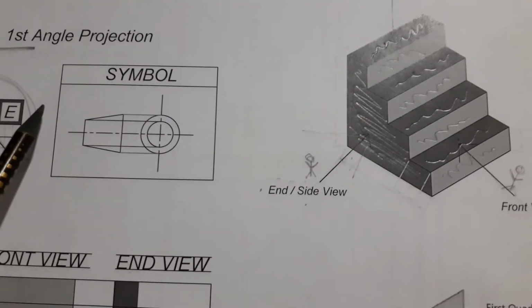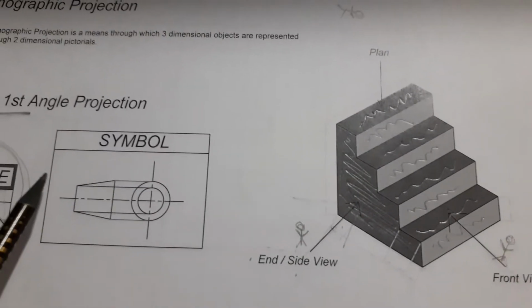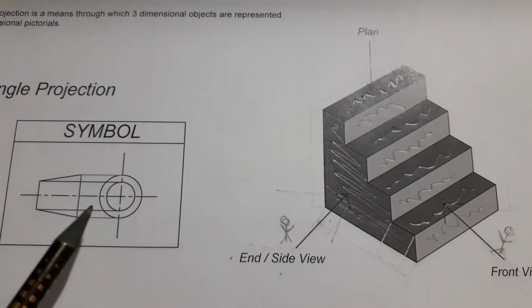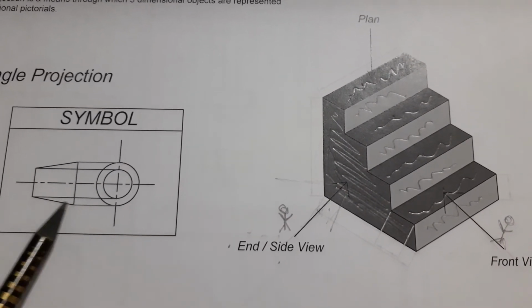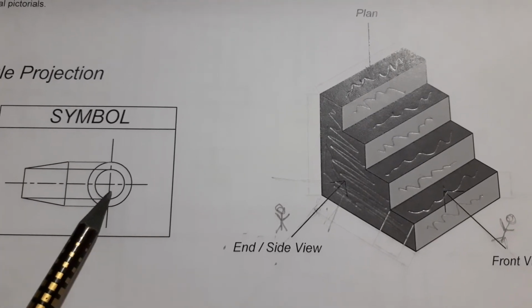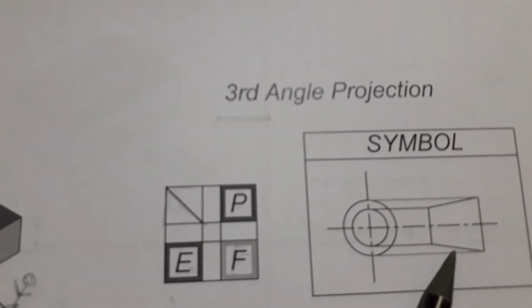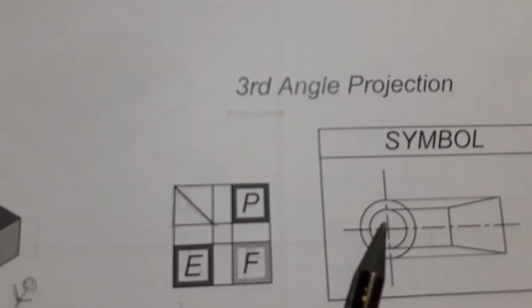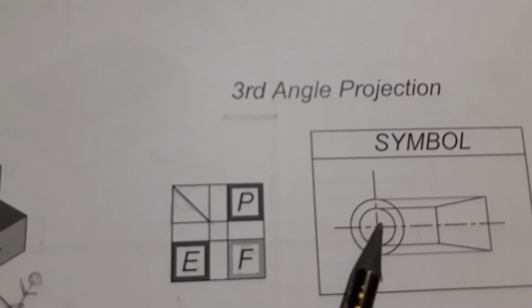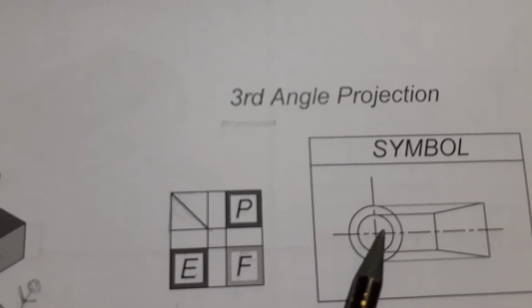Now, the symbols are the same in the way that they both have this cup and two circles. See? This one also has a cup and two circles. What makes them different is the order that they are drawn in.